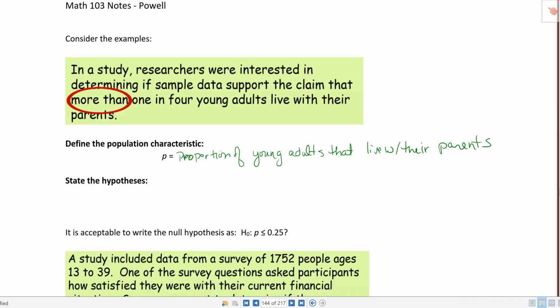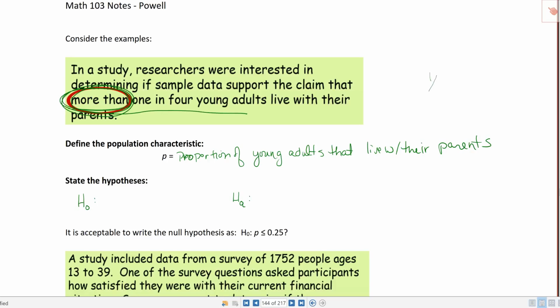Well, the null hypothesis, remember, is what you believe to be correct, and the alternative hypothesis is something else. And we get that from the context of the problem. So right here it says more than 1 in 4.